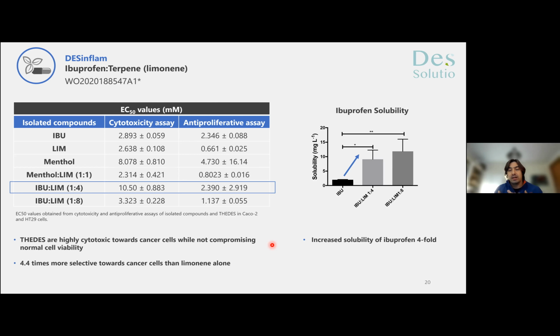This is a very interesting thing, because it increases the bioavailability of the drug. So it is absorbed much faster, and we need much lower concentrations of the drug to have the same effect, because the solubility is higher.